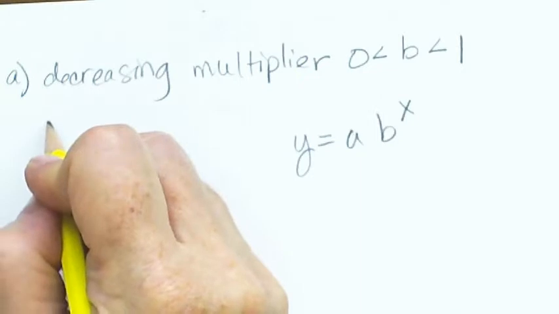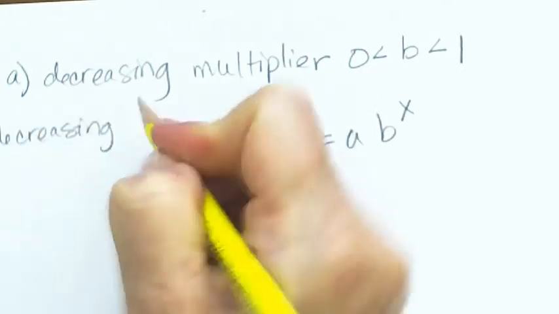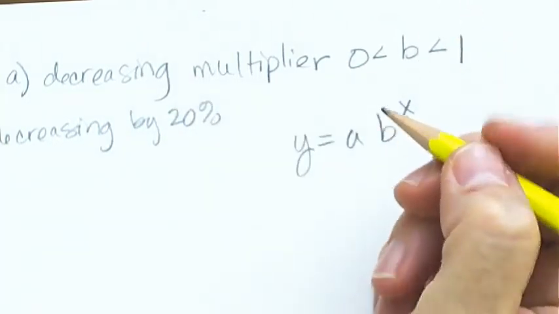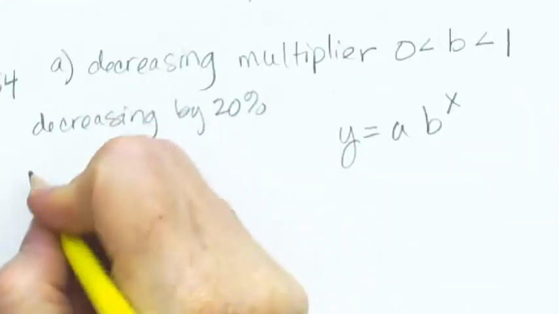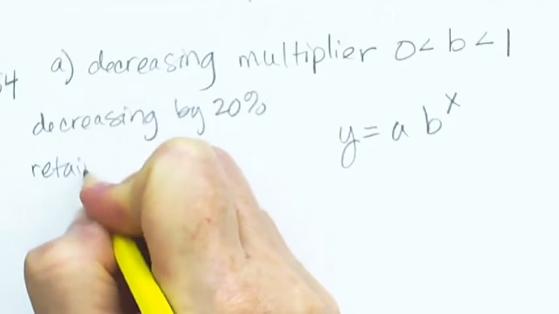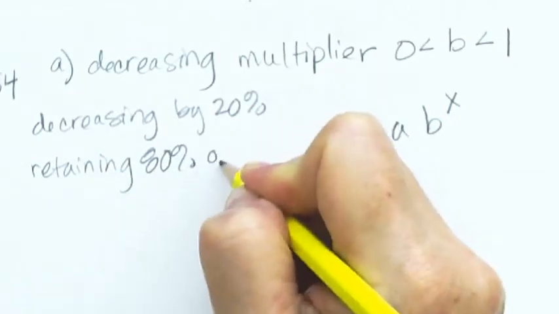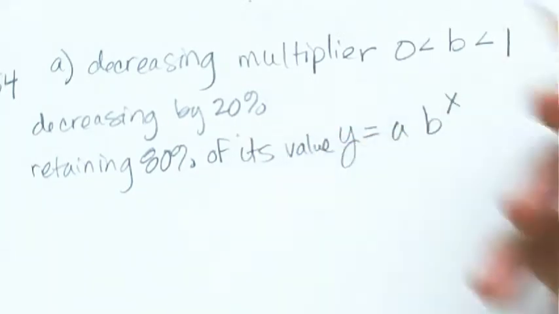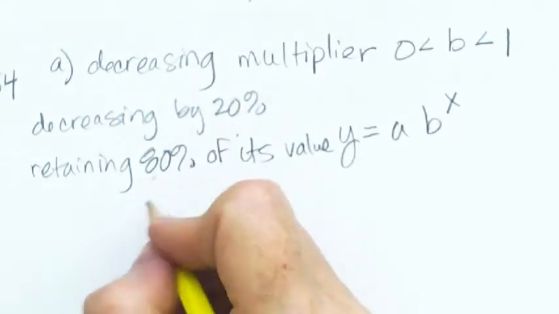Well, if it's decreasing by 20% per year, that means that it's still retaining 80% of its value.